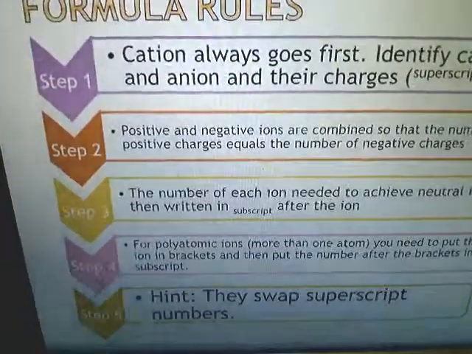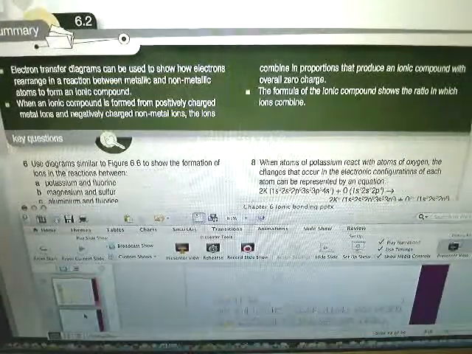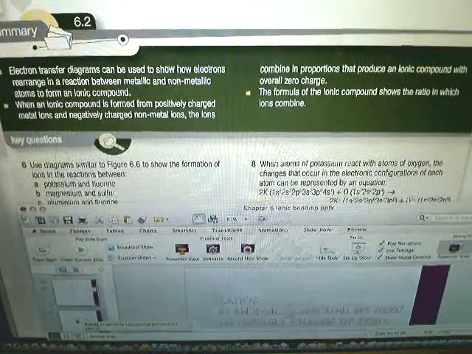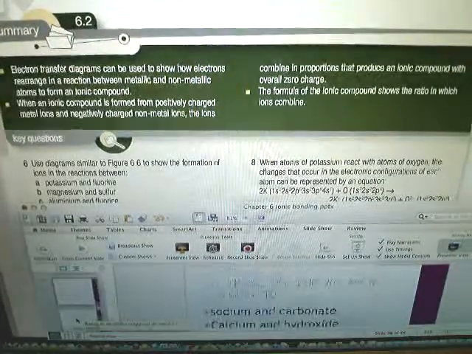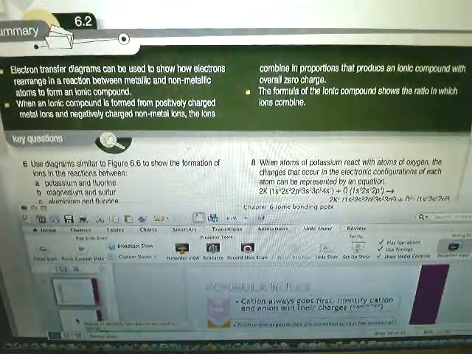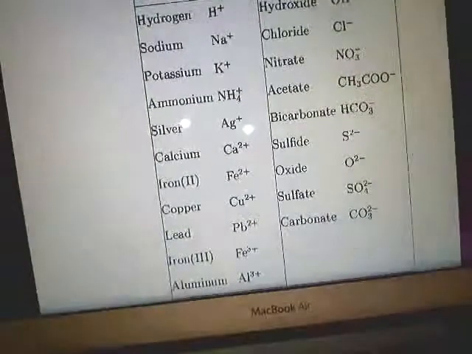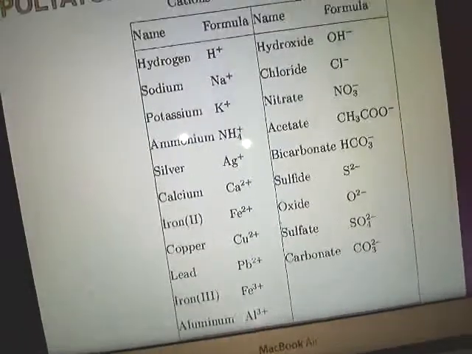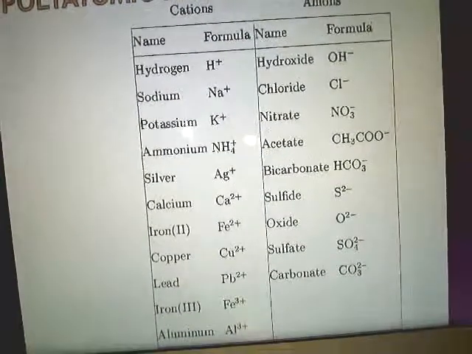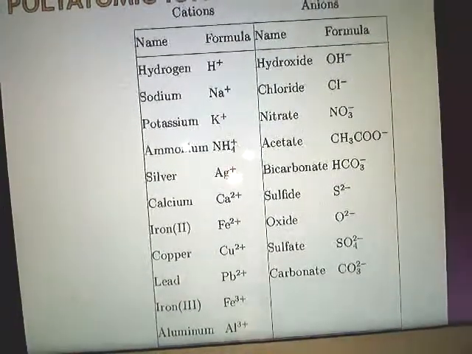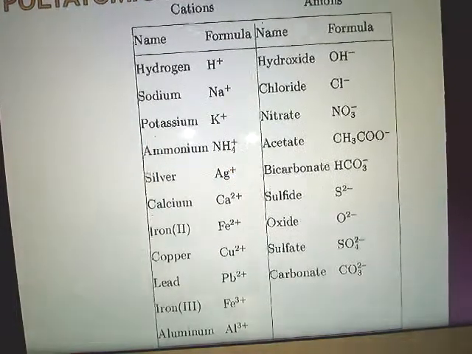Now, we've got to talk about something such as polyatomic ions. In year 11 and a lot of year 12, you don't need to memorize the formulas. Polyatomic just means that the ion is made up of more than one atom. So let's write that out.